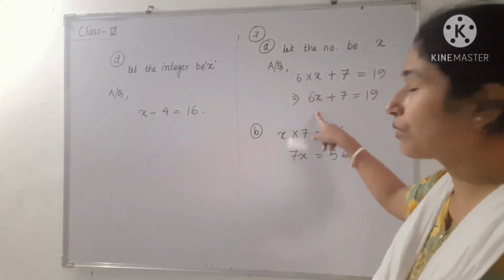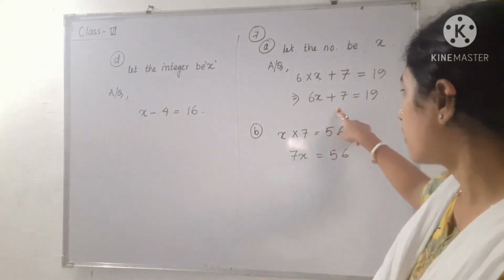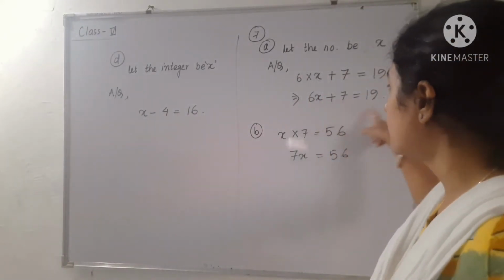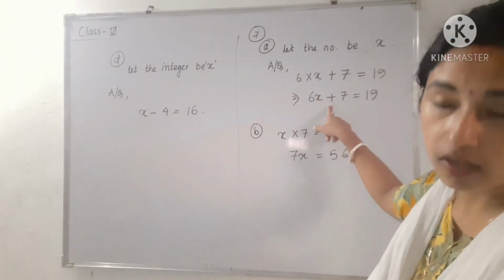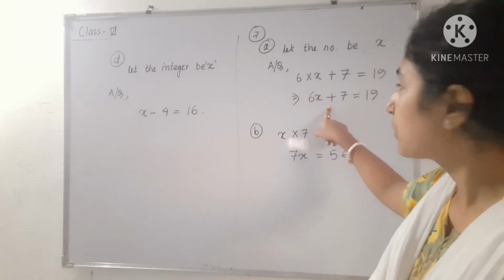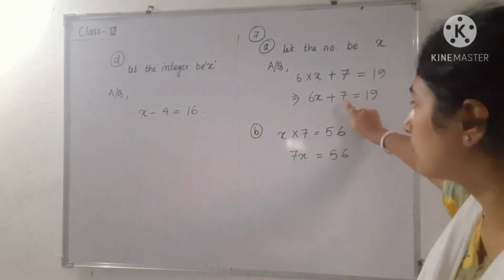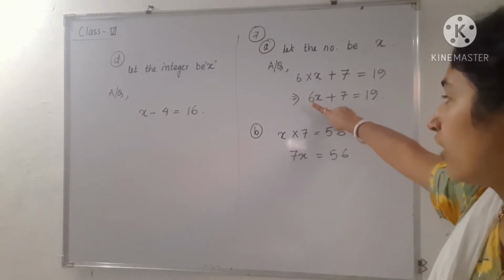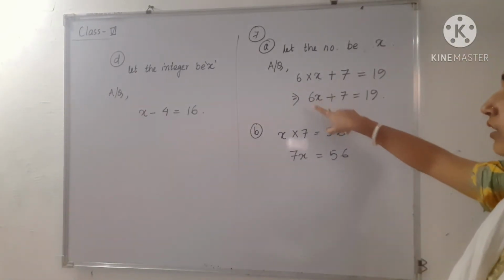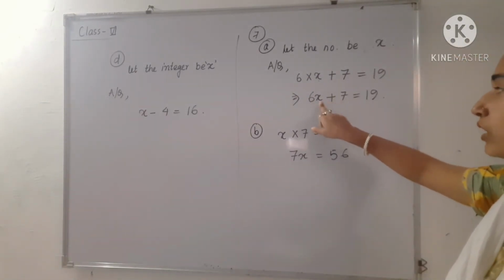So 6 into x would be 6x plus 7 equal to 19. The rest you can solve it. This question is the same as number D which I have solved earlier, that is question number 6D. First of all you have to remove 7, that means you have to subtract 7 from both sides, and then you have to divide by 6, so that on the left hand side we will get only x.